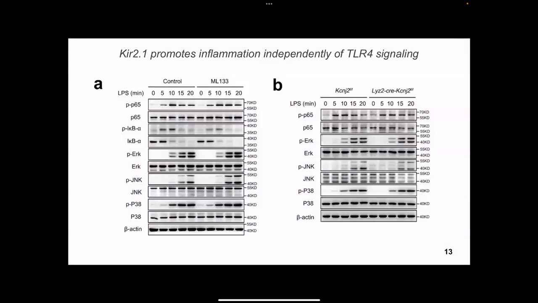Because we didn't find a change in TNF alpha production, we hypothesized that KIR2.1 is not required for the general signaling pathways essential for most LPS-induced genes, such as TLR4 signaling. Indeed, we found that LPS-induced NF-kappa B and MAP kinase activation was not affected.